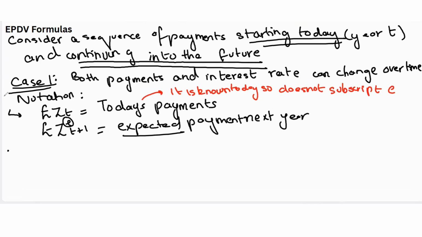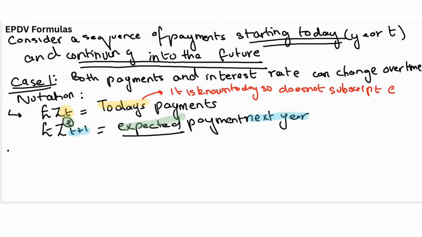So this is today's payment, year T, and because it's known today, you don't need a subscript E. And this is the expected payment next year, so you have a subscript E over here. This next year corresponds to T plus 1, because we're taking T to be today, so T plus 1 is next year in this case.